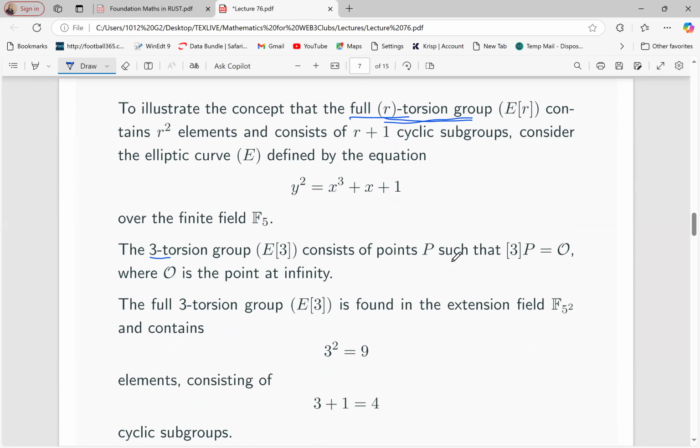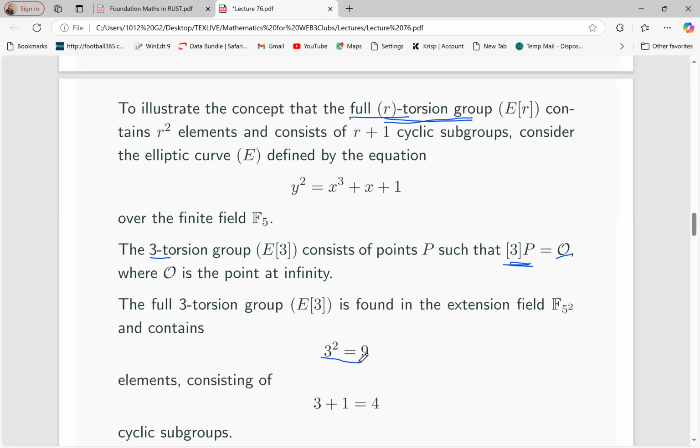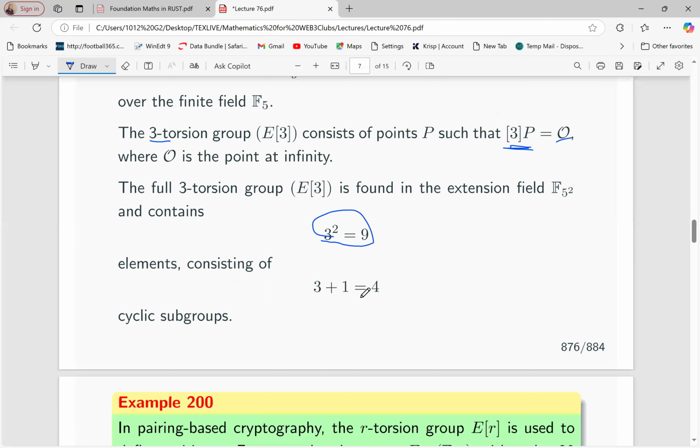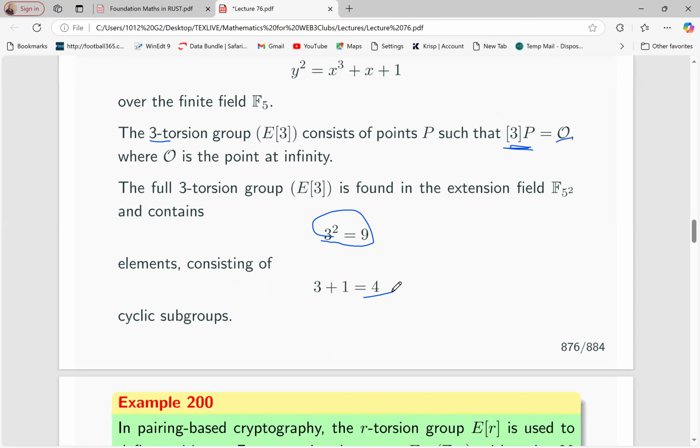So these three torsion, we've already said will be all points which, when multiplied by 3, give the identity. And our R in this case is 3. So you're saying that the full 3 torsion group would have 9 elements. And then we'll have 4 subgroups.